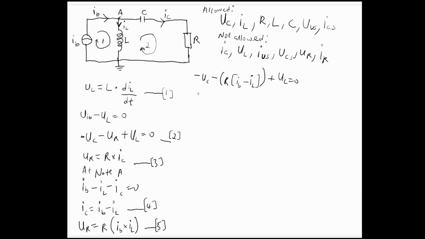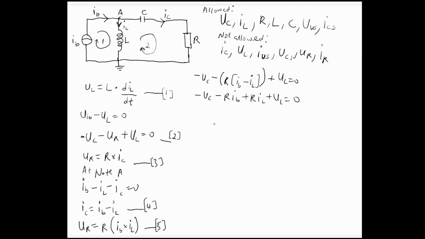If we expand, we have minus the voltage across the capacitor minus the product of resistance and the current of the current source plus UL is equal to 0.